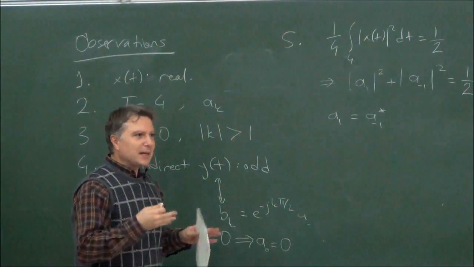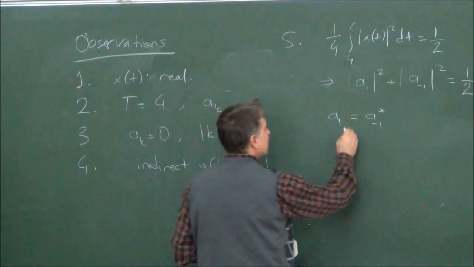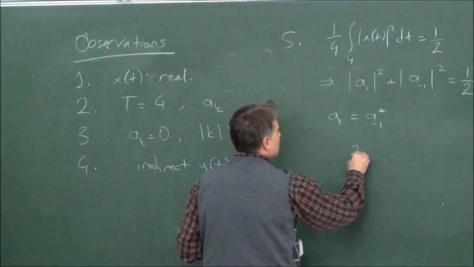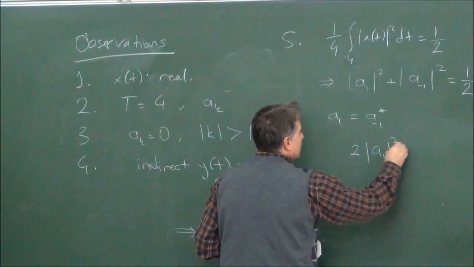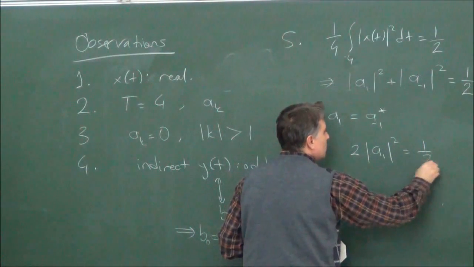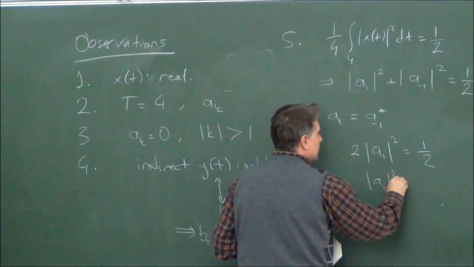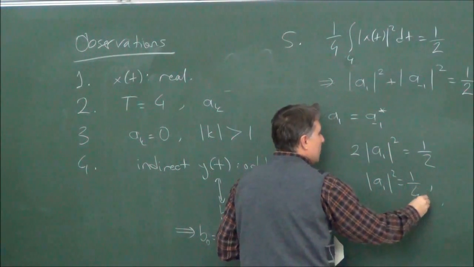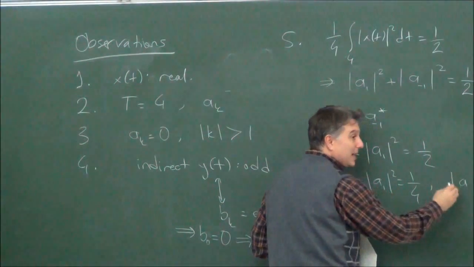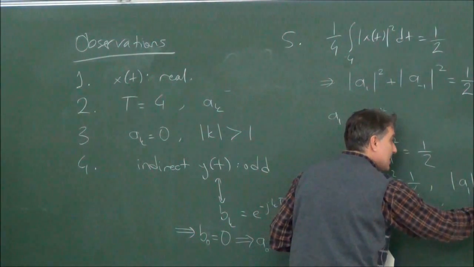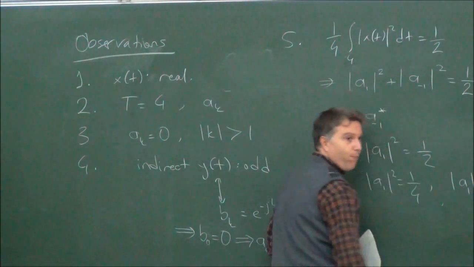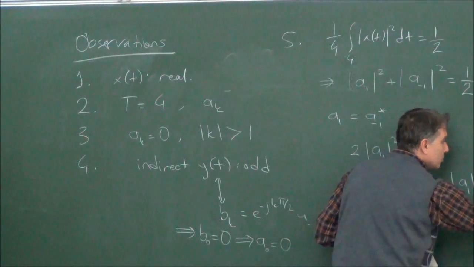So they have the same magnitude in short. What I'm saying is 2 times A1 square is equal to 1 over 2, which makes A1 square is equal to 1 over 4, which makes the magnitude of A1, which is the same as the magnitude of A minus 1, equal to 1 over 2.